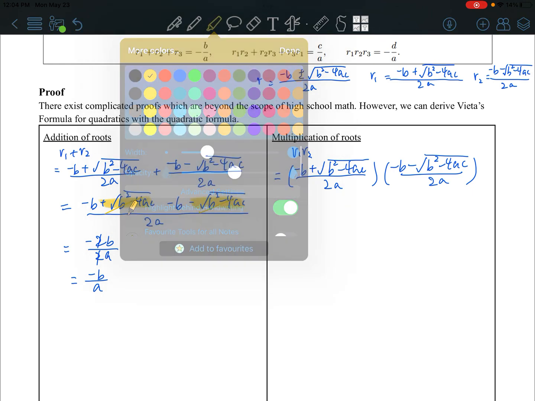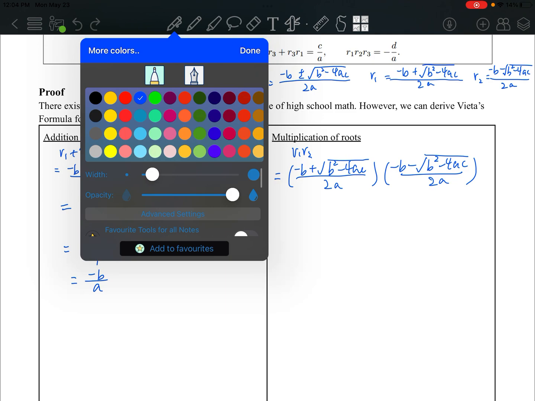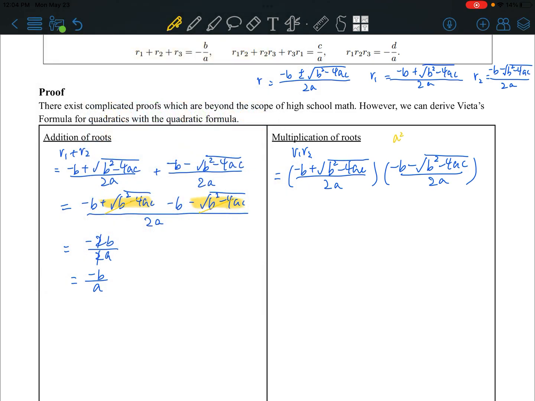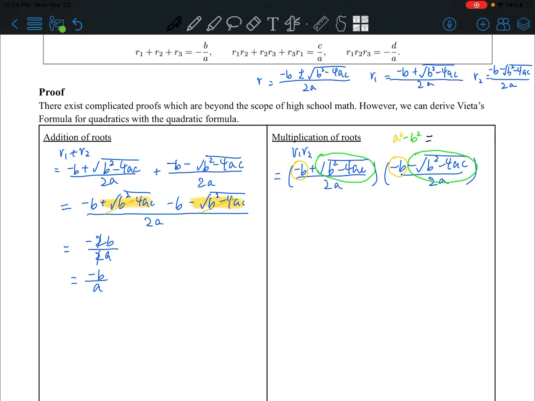So this may look like a daunting expression, but we can identify that the top expression looks like a plus b times a minus b, so we can just use the identity.